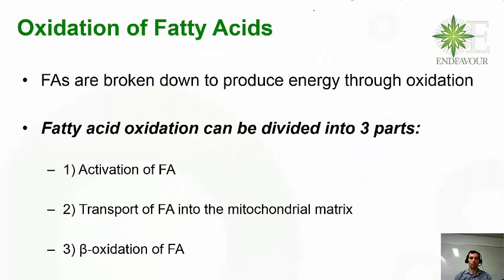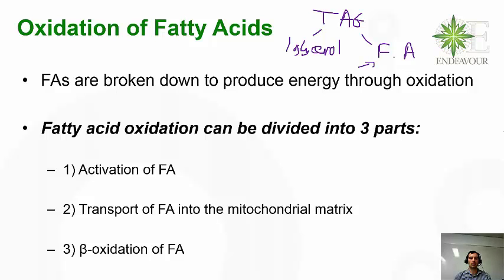So that's one of our components, one of our breakdown products of our triacylglycerol covered. So we saw that the glycerol is actually used to turn into the dihydroxyacetone phosphate, which we can use in glycolysis or gluconeogenesis. But what about the fatty acids?